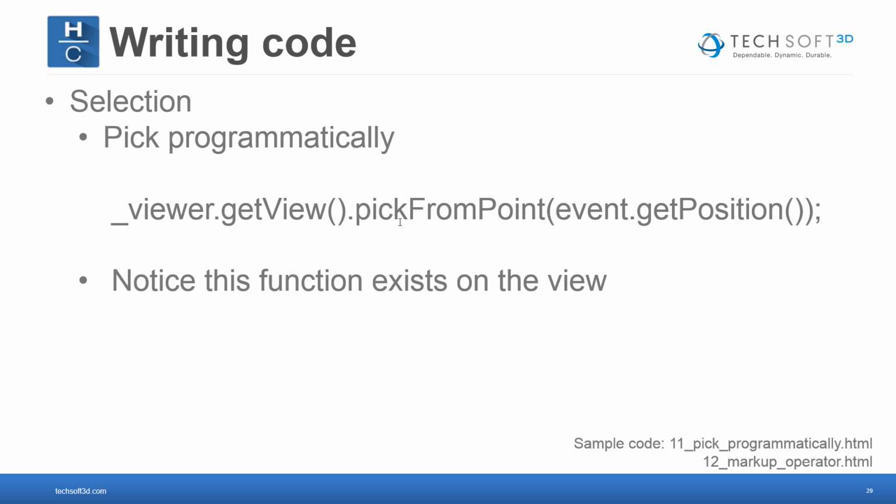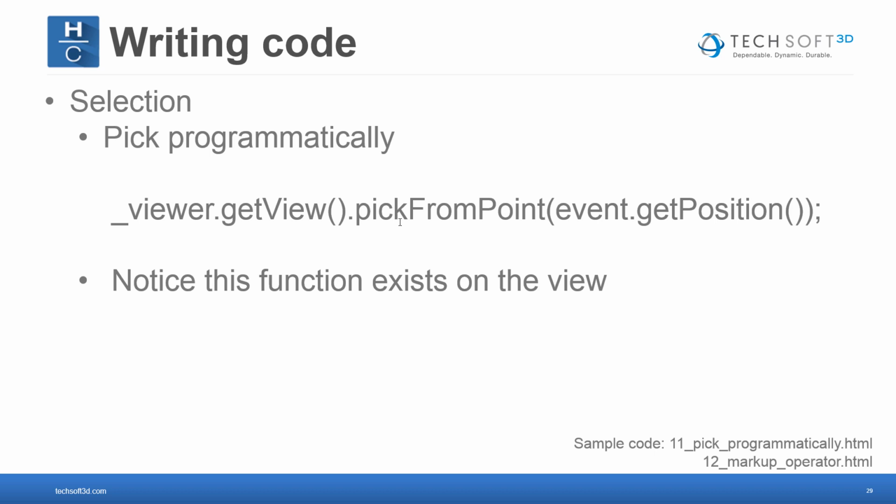So to reiterate here, there are two types of programmatic picking, one on a node level and one from a point. And one other thing to keep in mind here is that when you select on a node level programmatically, you're also going to select any children of that node. Okay, so that's not something you can do with picking from a point.